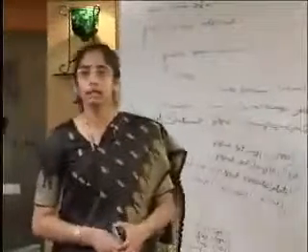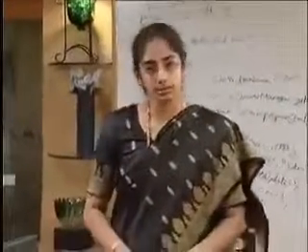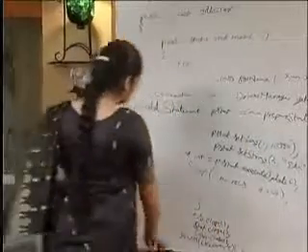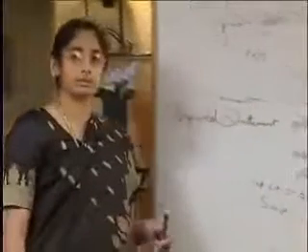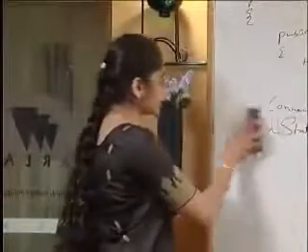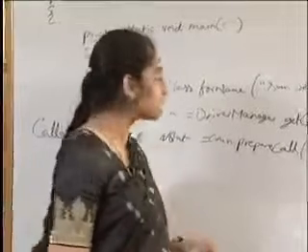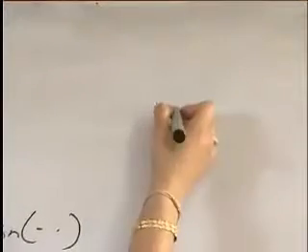Now, let us look at how to execute a stored procedure or a function. In order to execute a stored procedure or a function, you need to use a callable statement. So, let us look at the callable statement now. To invoke a stored procedure or a function, the syntax goes like this as a string.